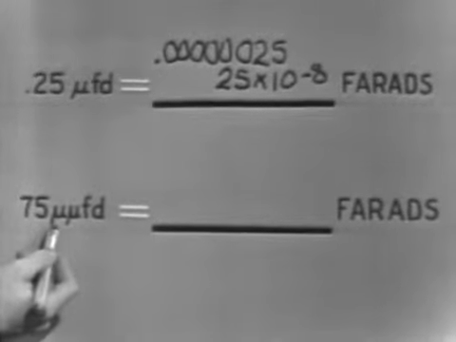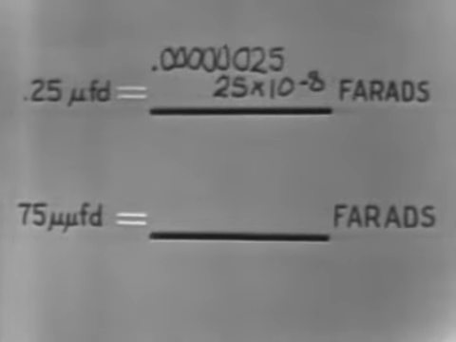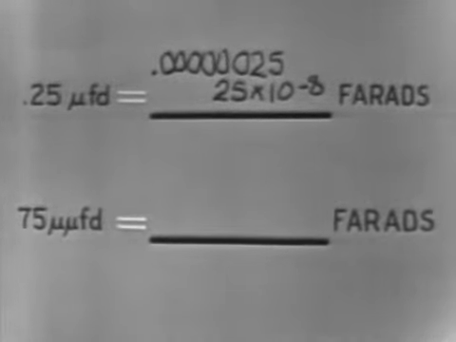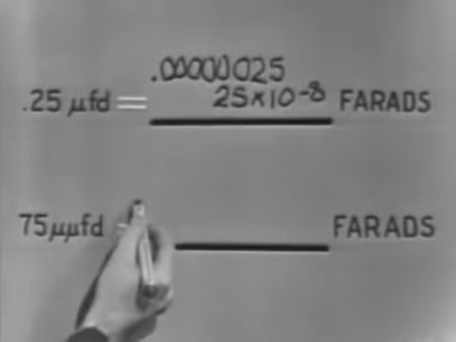Now, in this one, we must move the decimal point 12 places to the left because it's in micromicrofarads. You can write it the hard way like this.